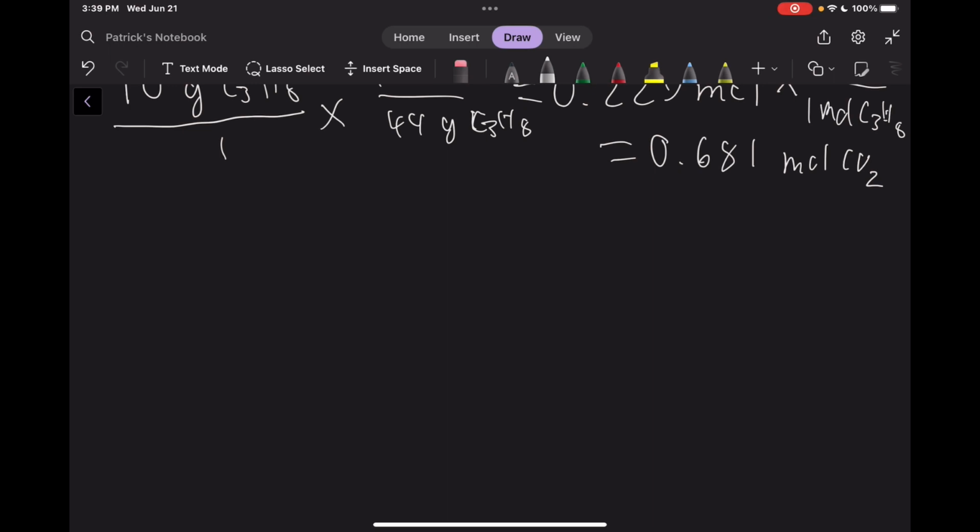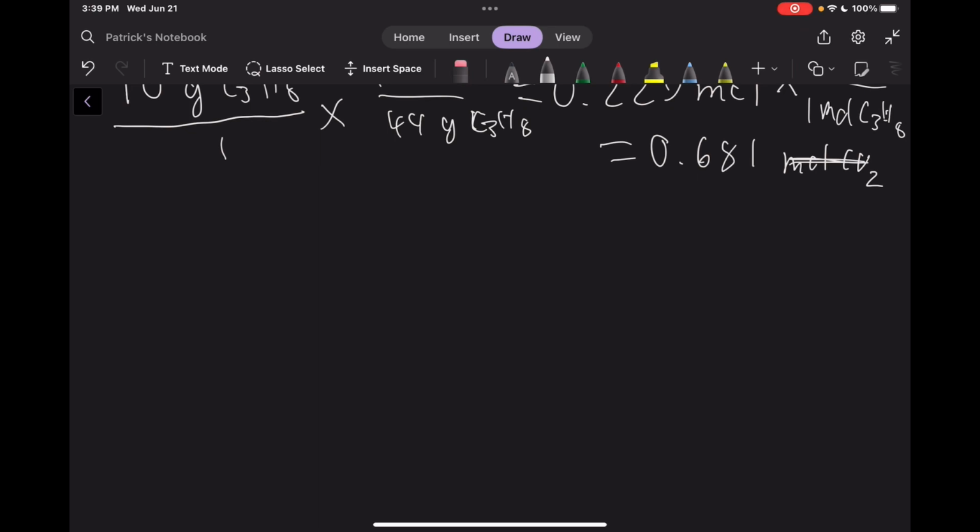Our last step is to convert this value into grams of CO2, which we accomplish using the molar mass of CO2, which as a matter of fact is also 44 grams per mole. We don't need to multiply by the inverse this time, since we want the moles to cancel out.